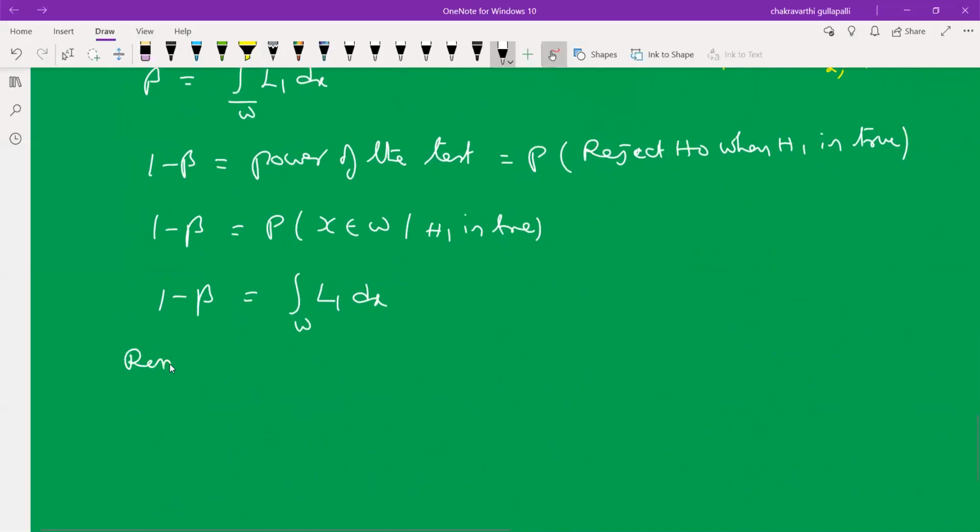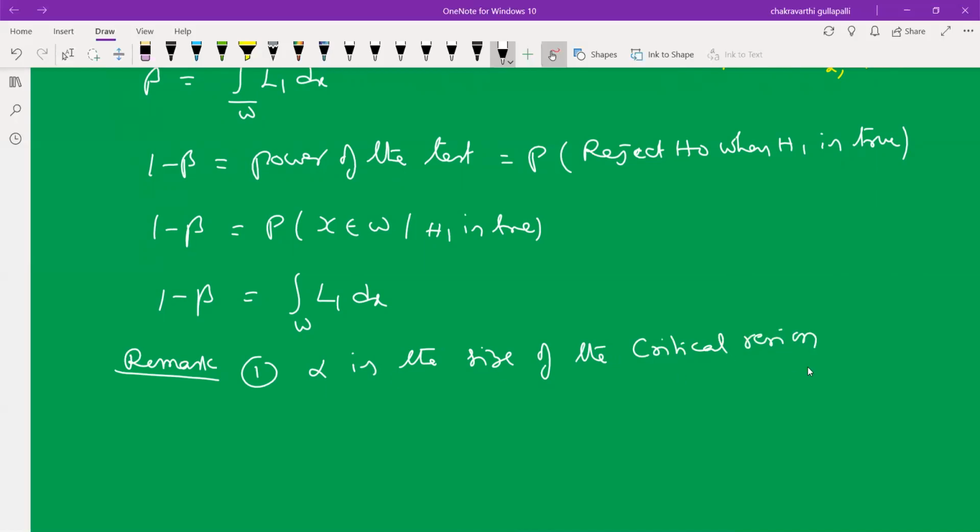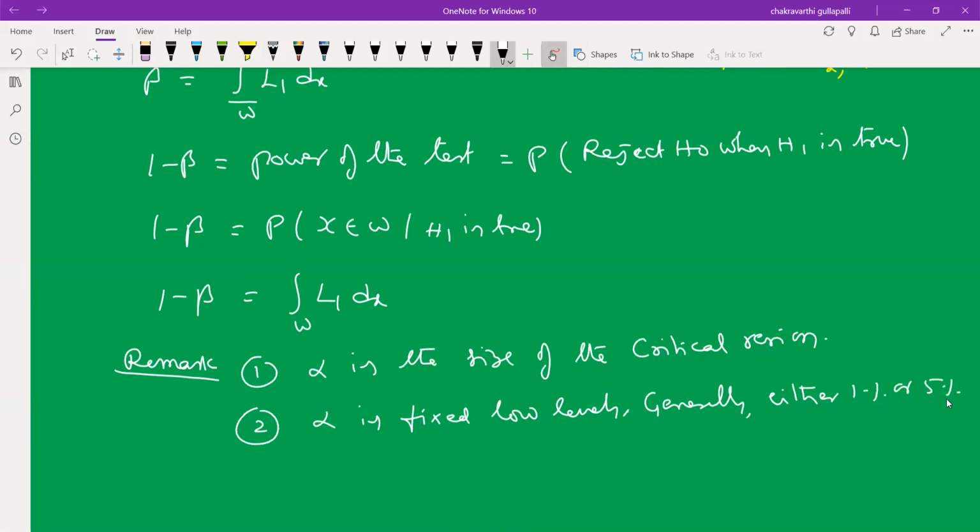Remark 1. Alpha is the size of the critical region. Alpha is fixed at low levels, generally either 1% or 5%.